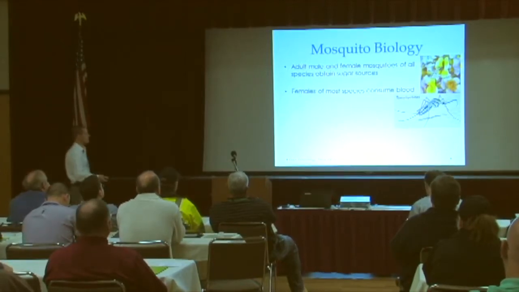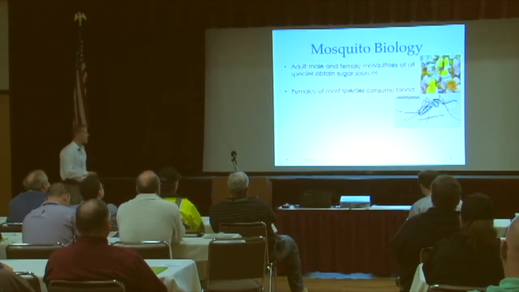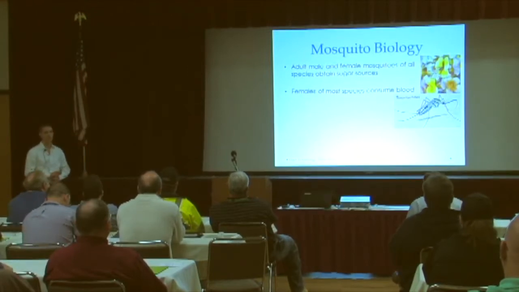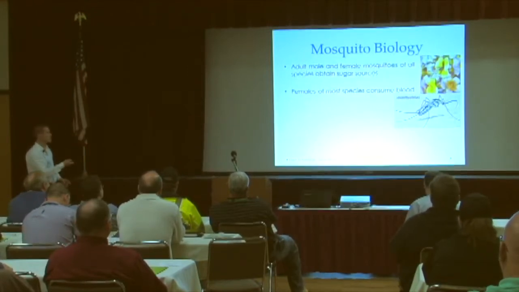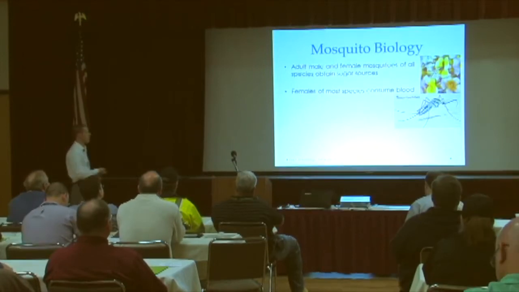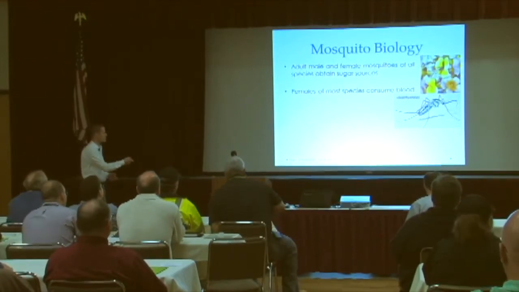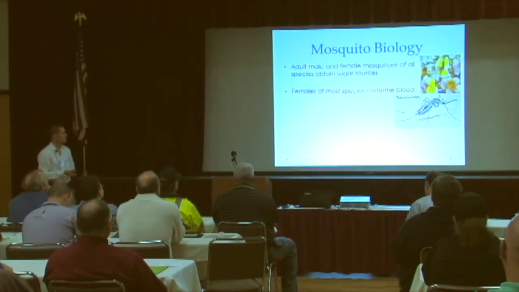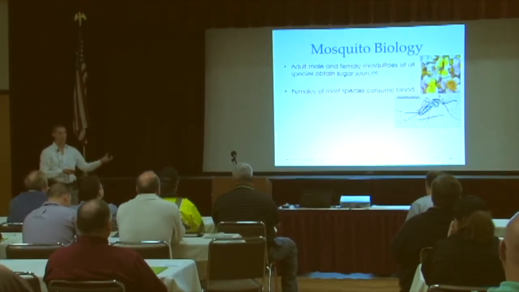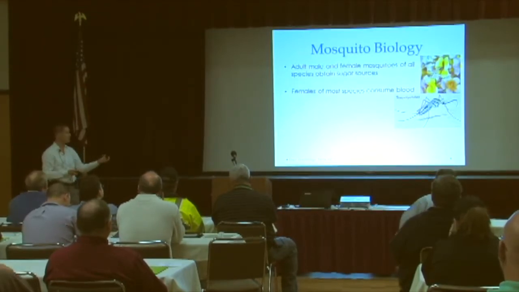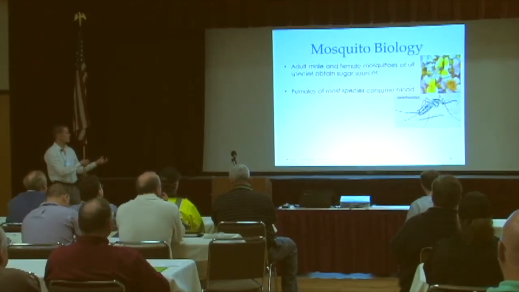Females of most species consume blood, but there are a number of species that are exclusively sugar-feeding mosquitoes. They do not feed on blood. We already referred to Toxorhynchites as a genus, actually the largest genus of species in the world. They occur in the southern United States. Look at this curved proboscis.